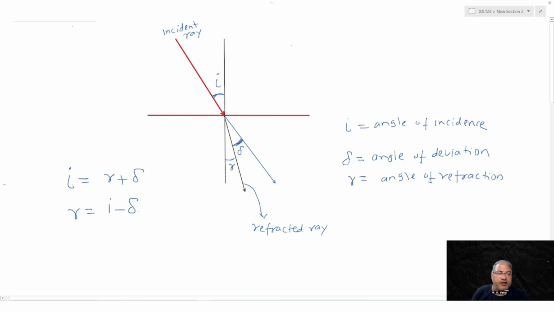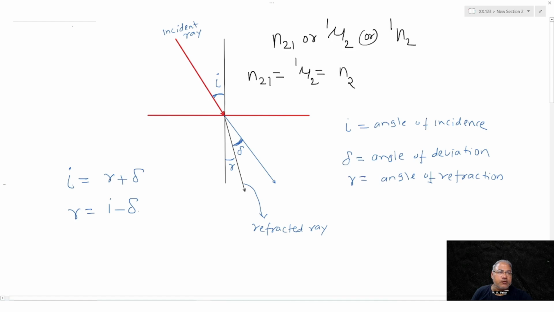Also, the refractive index is denoted by various symbols like n21, mu 21, or N21. All these symbols stand for the same thing.